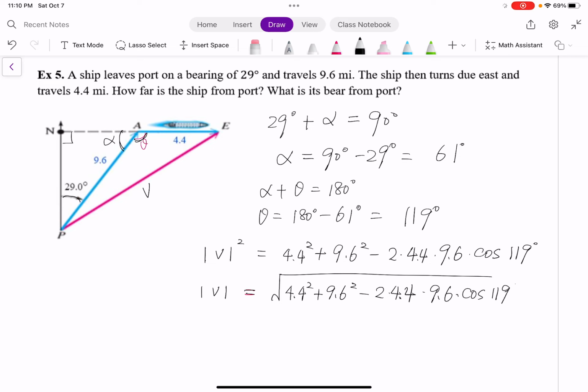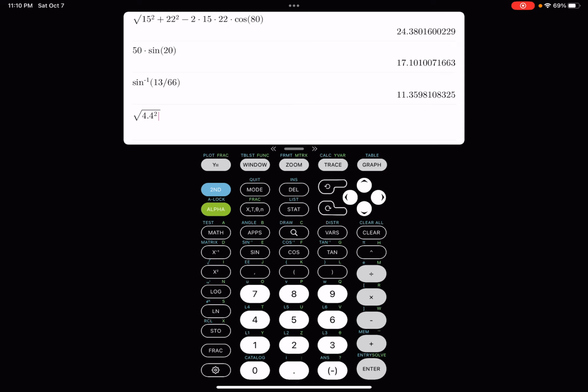So we must use our calculator to do the computation. We have the square root of 4.4 squared plus 9.6 squared minus 2 times 4.4 times 9.6 times cosine 119. Close the parentheses.